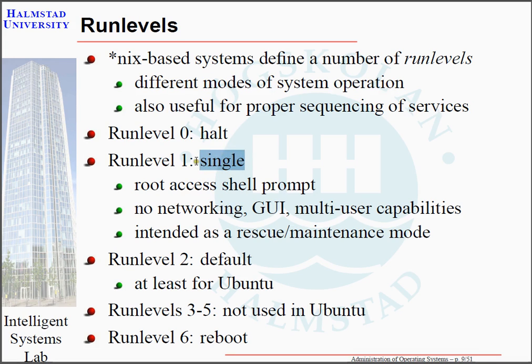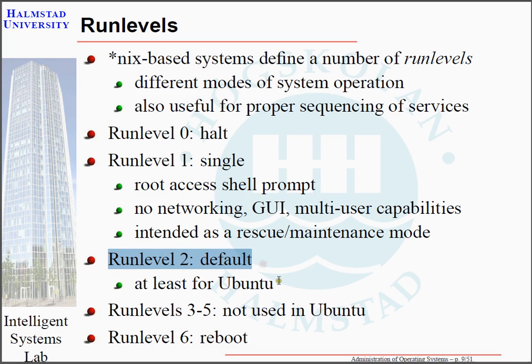You can stop at run level 1, and then you will just have a single shell prompt with root access. There will be no networking, no graphical user interface, no multi-user capabilities. This is basically intended as a rescue or maintenance mode. Sometimes you will be using it if you have tried the commands from before for resizing partitions. Linux single is basically what puts you here.